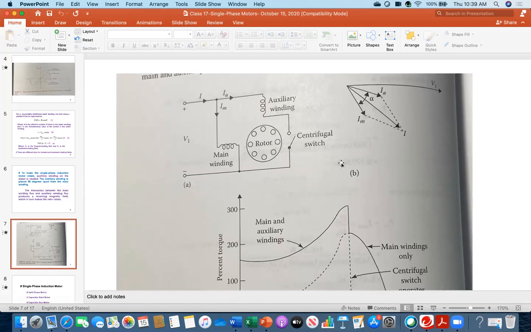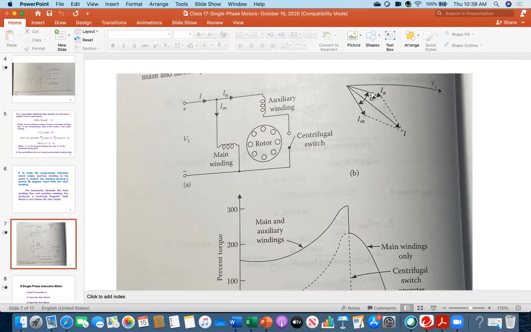I mentioned earlier today that a ceiling fan is the best example of a single phase induction motor. And also I said that the ceiling fan has a capacitor together with the auxiliary winding. But I cannot see the capacitor here. That capacitor is needed to improve the power factor. So this means that when I was plotting voltage versus Ia and Im, those are lagging angles.